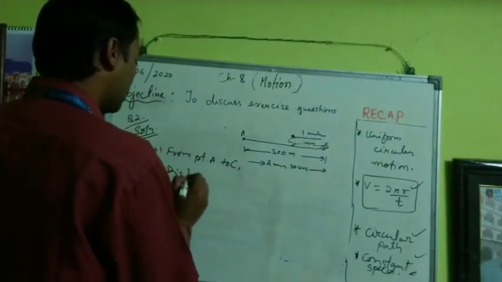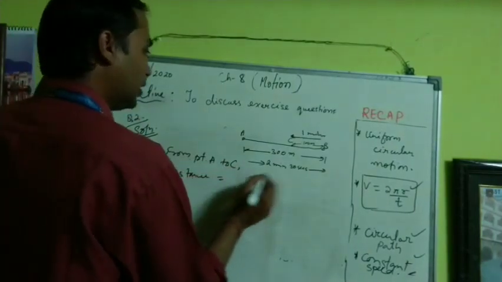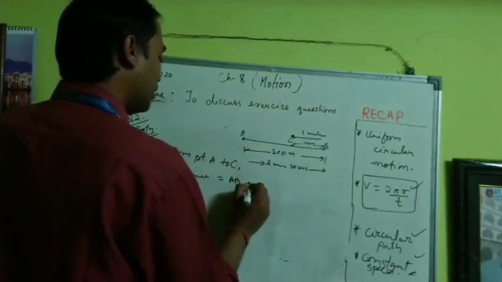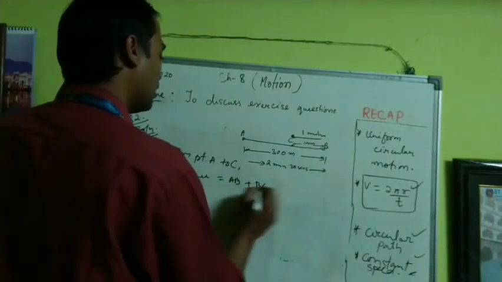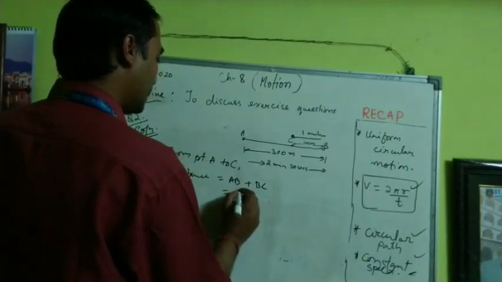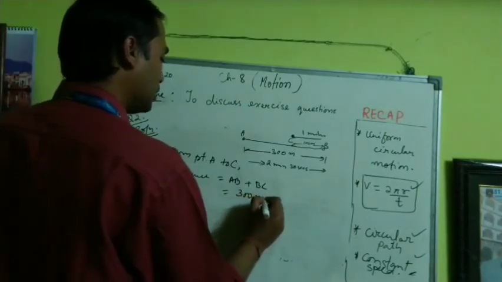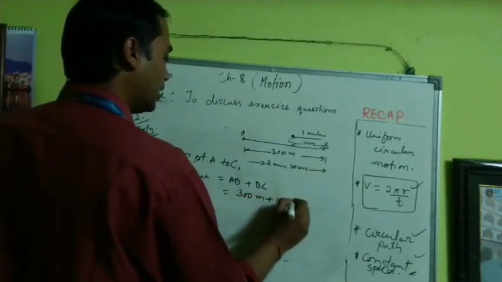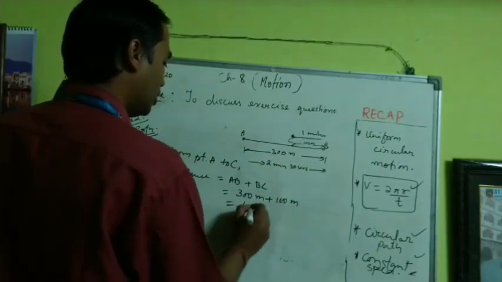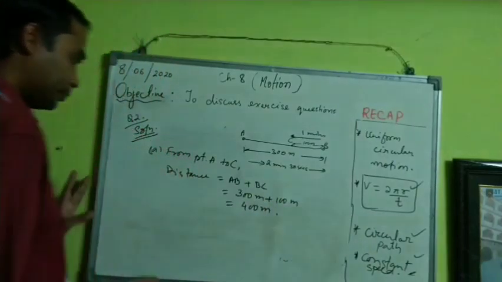Distance will be equal to first AB, then again BC. So AB is 300 meters plus BC is again 100 meters. So this will give you 400 meters.